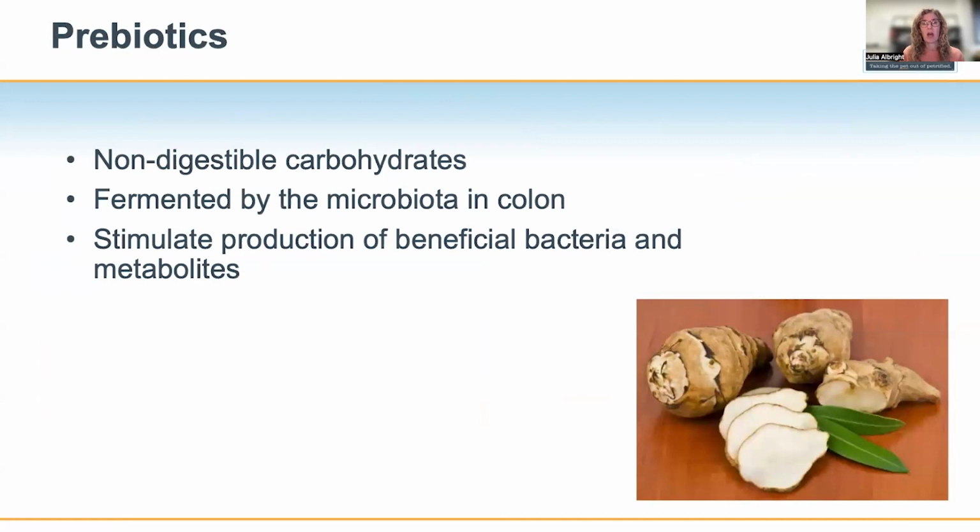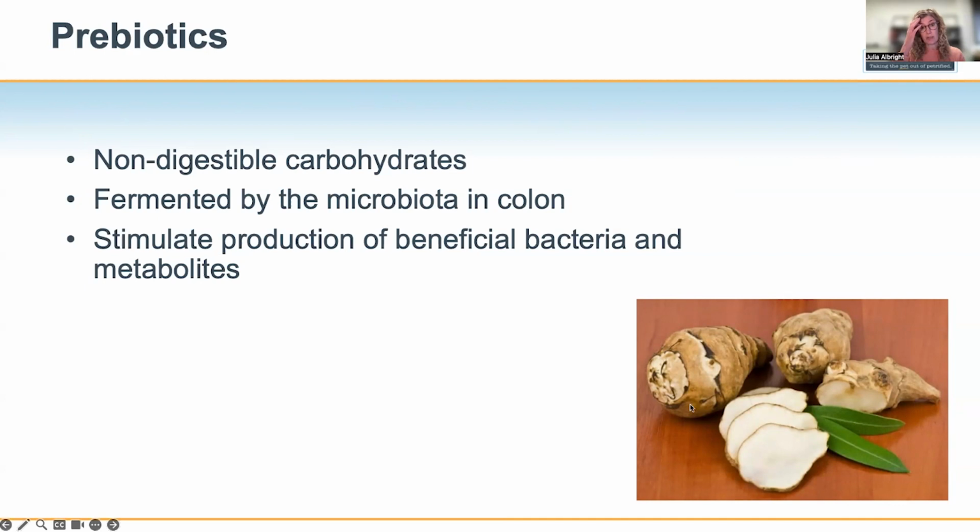Prebiotics are non-digestible carbohydrates, so basically plant-based fibers. They're not digestible by the host, but they can be fermented by the microbiota, primarily in the colon. And again, this provides food essentially for the beneficial microbiota, and therefore we're going to have more of their beneficial metabolites.